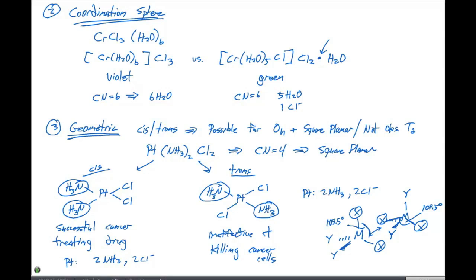Whereas if we look at a cis and a trans molecule, in this case the platinum complexes, here we have an ammonia-ammonia bond angle of 180 degrees, whereas with this cis complex, we form a right angle of 90 degrees. Based on how these are different in space, not only is the bond angle going to be different, but the distance between each of these ligands is also going to be different.